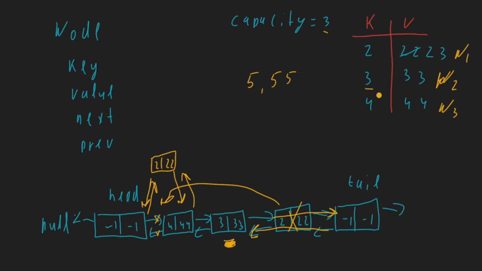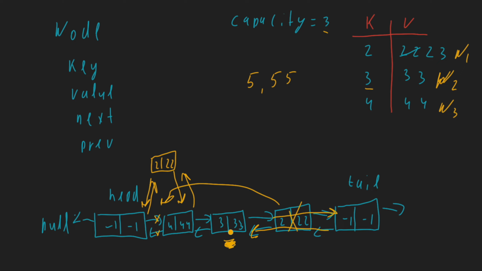Now if we want to add the next element, we are checking the capacity. Capacity is equal to 3 because our hash map already has 3 values, which means that we need to remove the one that is previous to tail, right?